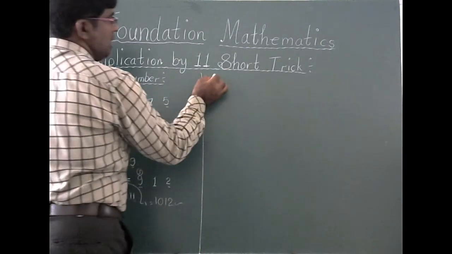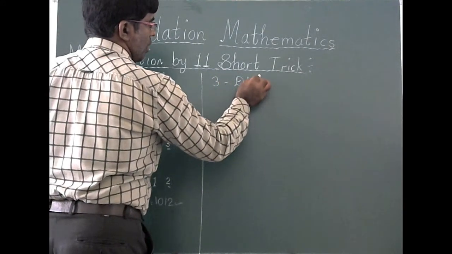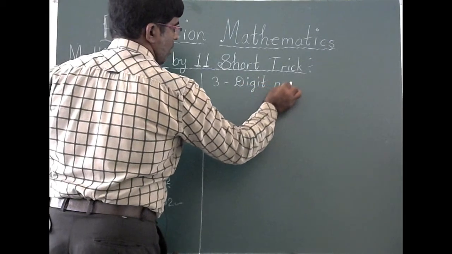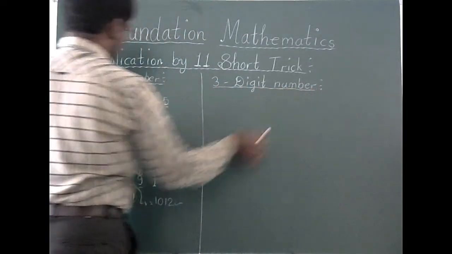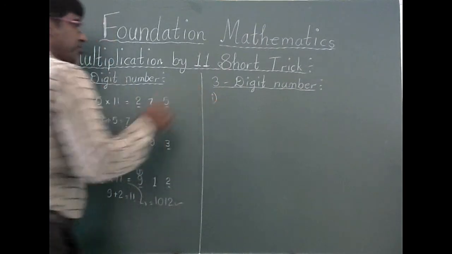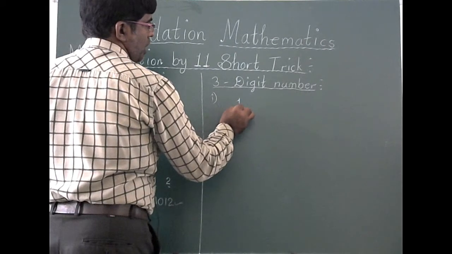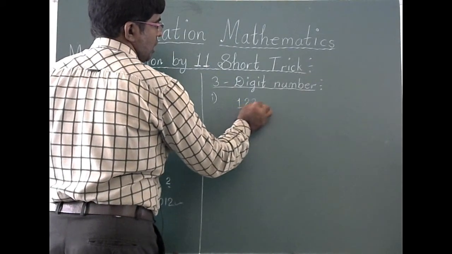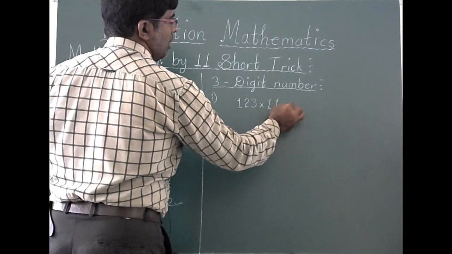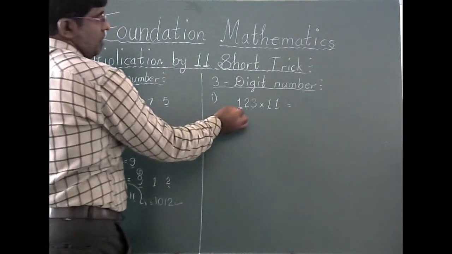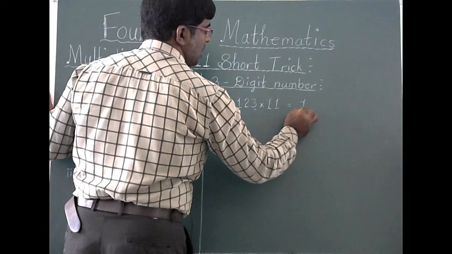Next, 3-digit number. Following the first problem, take any 3-digit number, for example, 123. 123 into 11 equals how much? Simple. The first digit is 1, the last digit is 3. First and last digit as it is I am writing.